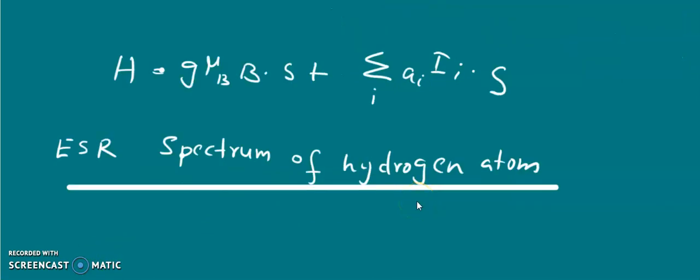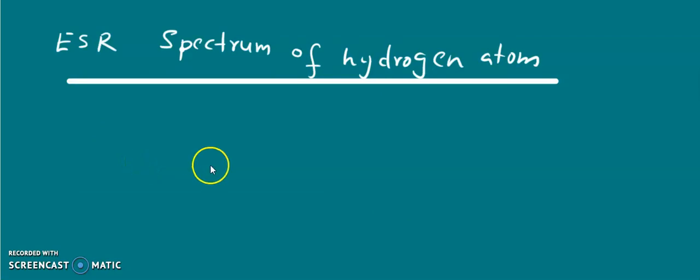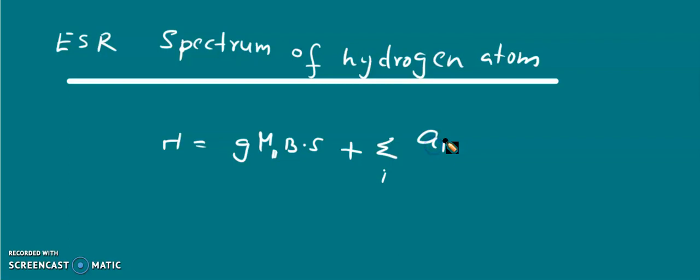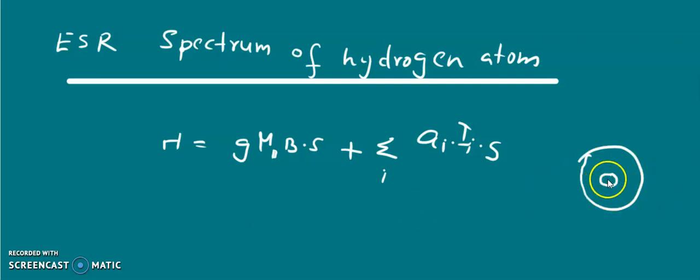So here we have to consider the hydrogen atom in its ground state. So the expression for the Hamiltonian is this: H is equal to G mu B B dot S plus summation over i of Ai Ii dot S. But we know that the hydrogen atom has got only one nucleus, so we don't have to put the summation symbol.